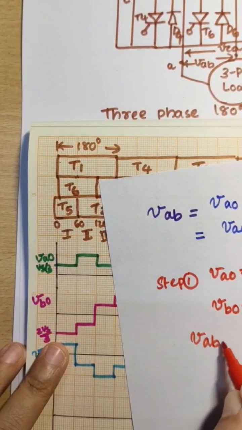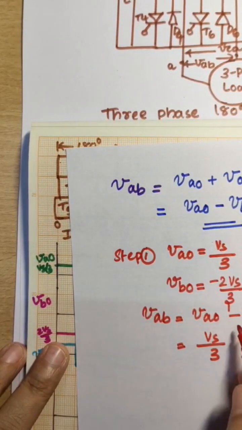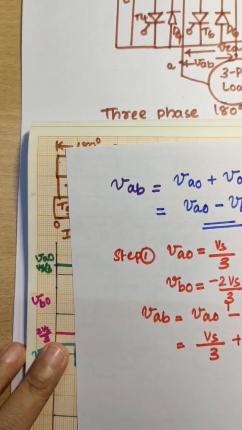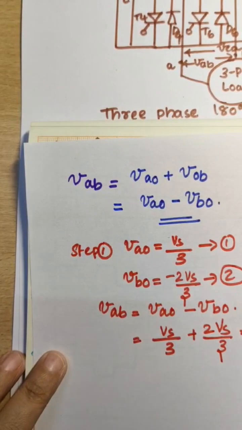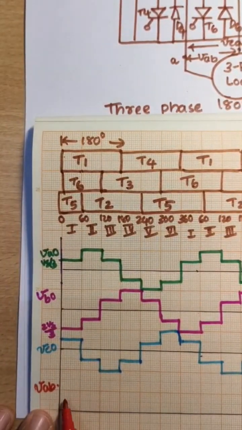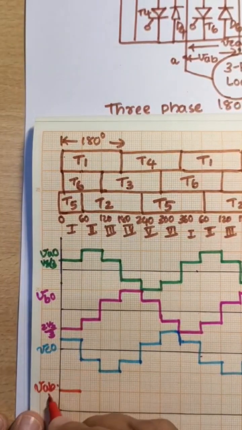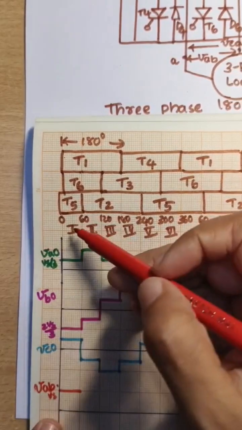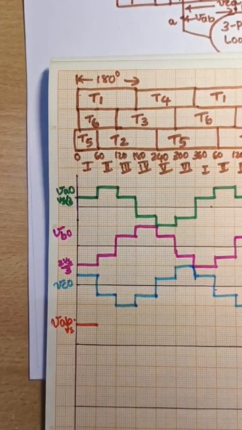So VAB is equal to VAO minus VBO, which is equal to Vs by 3 minus minus 2 Vs by 3, so plus 2 Vs by 3, which is equal to Vs. So VAB value is equal to Vs. So mark here VAB, let this be Vs. We considered a single block as Vs. So for the first step, the voltage for VAB is obtained.